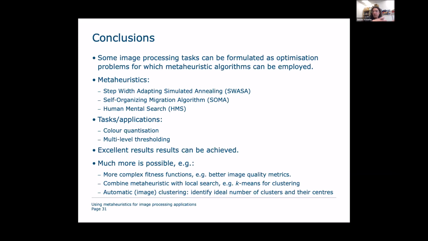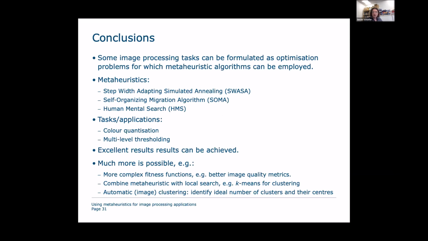And that also is reflected in the kind of typical convergence plots that we are getting. We have done some work, again mainly on that multi-level thresholding, where we've looked, for example, at human mental search, the technique developed by my colleague in Iran. We've also compared it to something like 10 or 15 other metaheuristics.